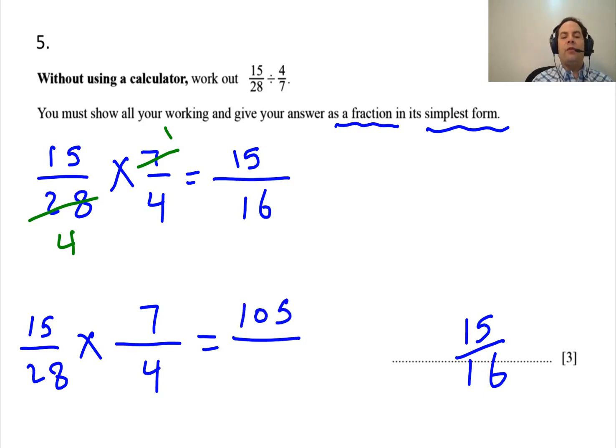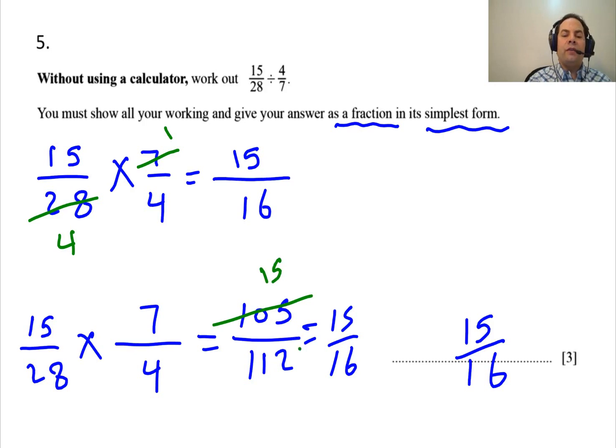Then 28 times 4, which is 112. Then simplify, you will get the same answer, 15 over 16, by dividing. How to simplify? By dividing by 7, 105 divided by 7 is 15, and 112 divided by 7 is 16.